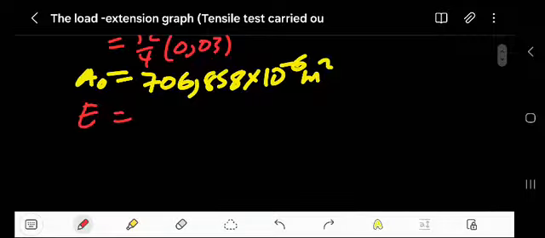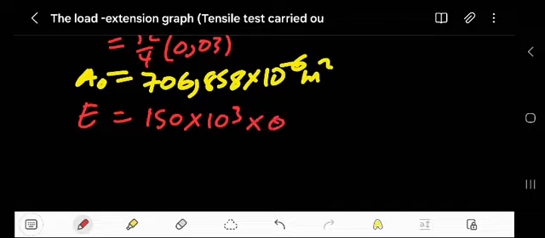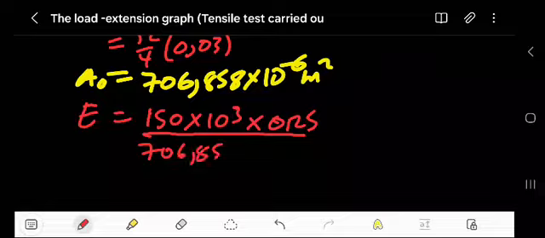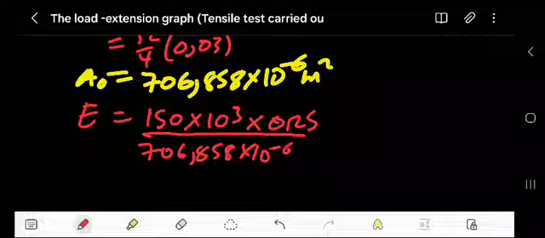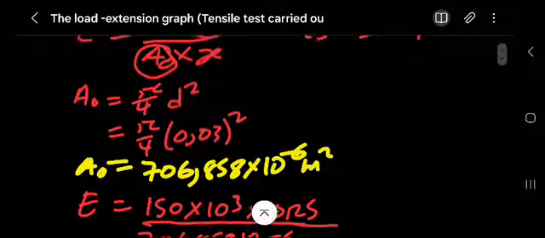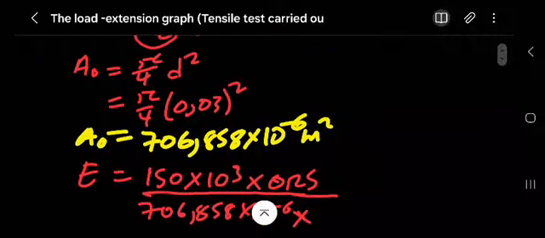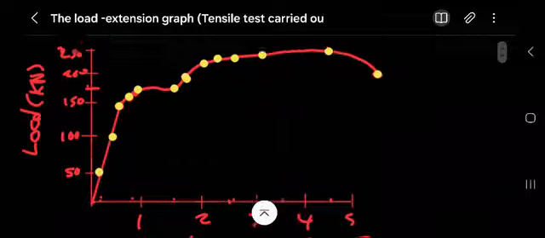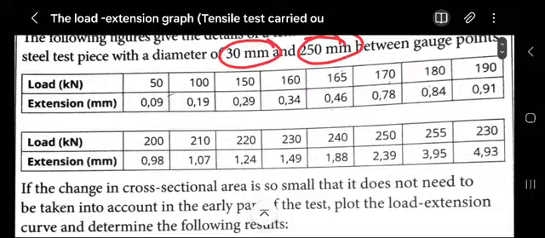If I say 150, remember it's in kilonewtons, times 0.25, as we know. That is the original length, multiplied by the original area times 10 to the minus 6, times, what is this? Change in length. Change in length is the one in the test piece, at 150.